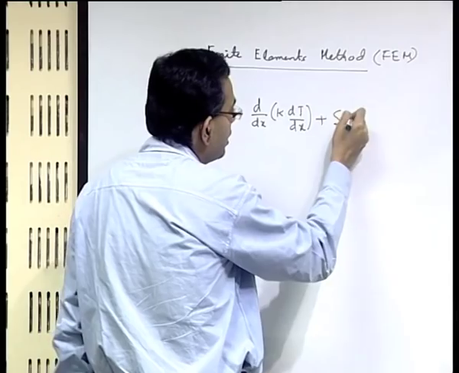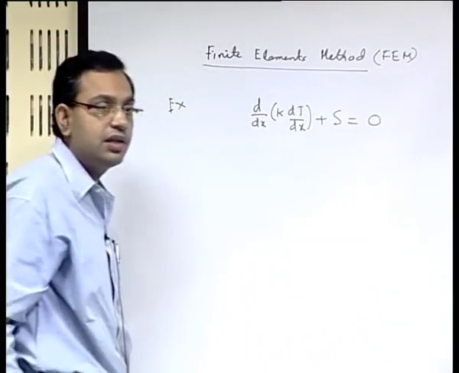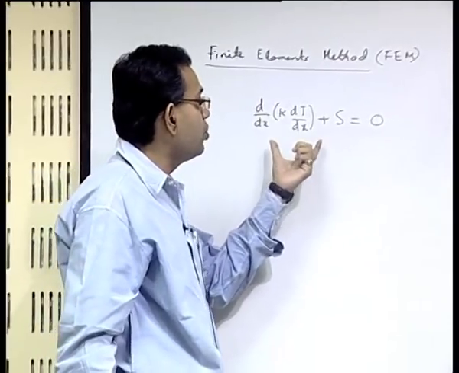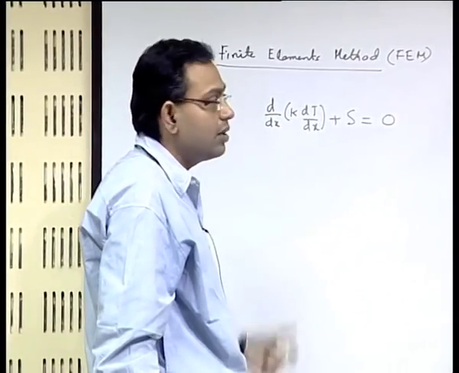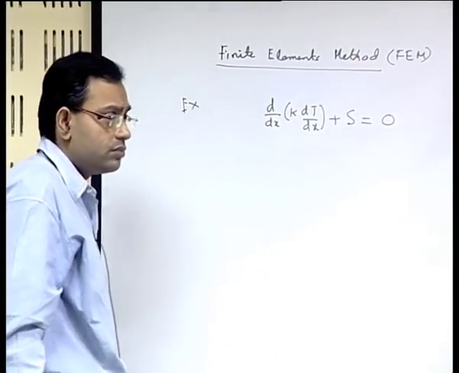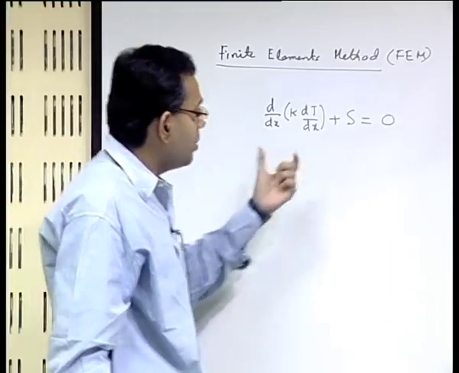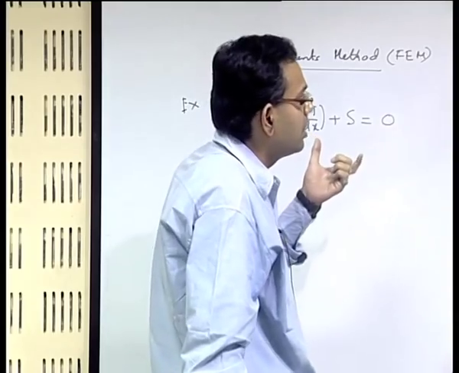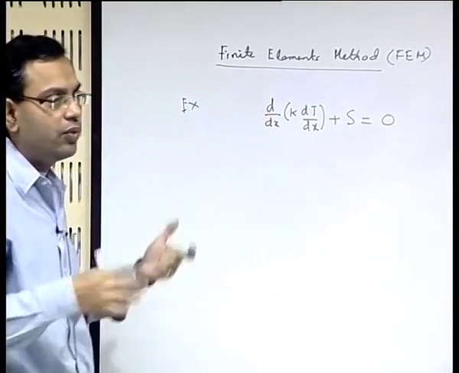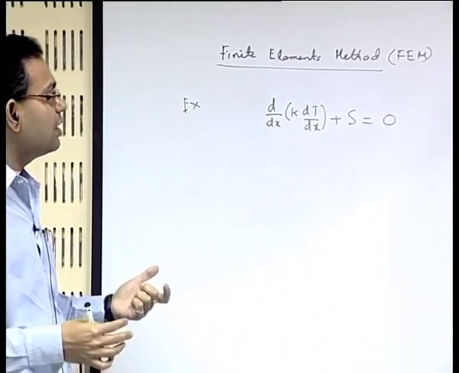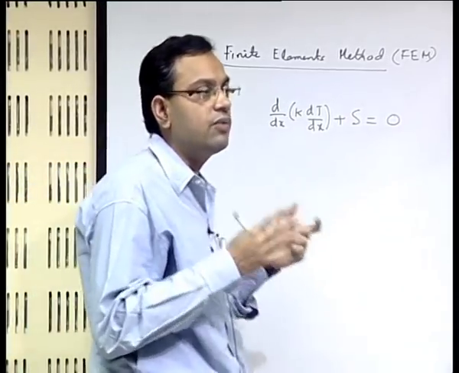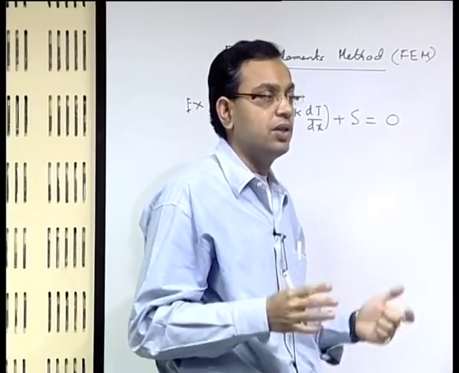See, we have considered this as a prototype equation for illustrating many of the principles, and let us say that we do it for illustrating the finite element method itself. Remember that the finite element method can be perceived in many ways, but one of the ways in which it can be done is that one type of finite element method can be thought of as a discrete version of the Galerkin's method.